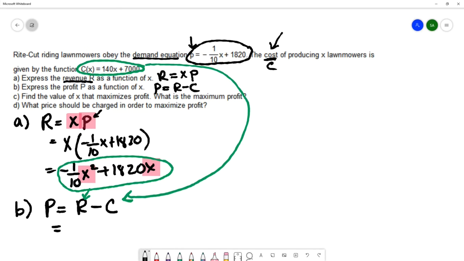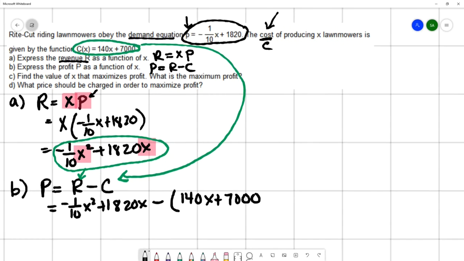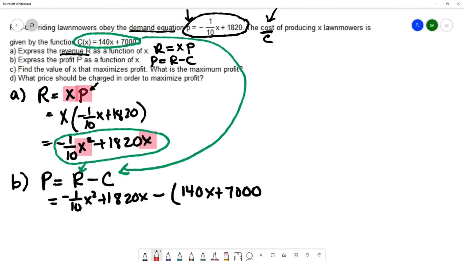So we have revenue -1/10 x squared plus 1,820x minus cost, and I'm going to put parentheses after the minus so that we make sure that we're subtracting the whole cost function. That's (140x plus 7,000). I'll distribute that negative, that minus.